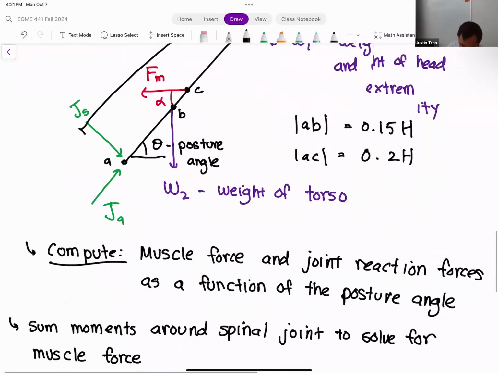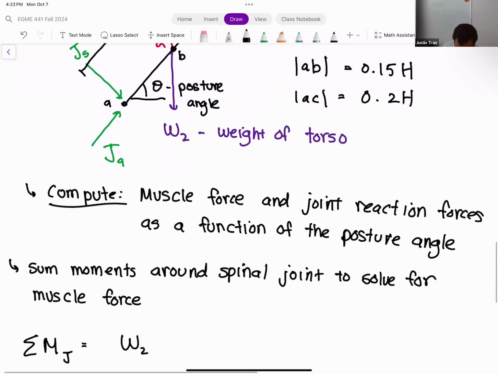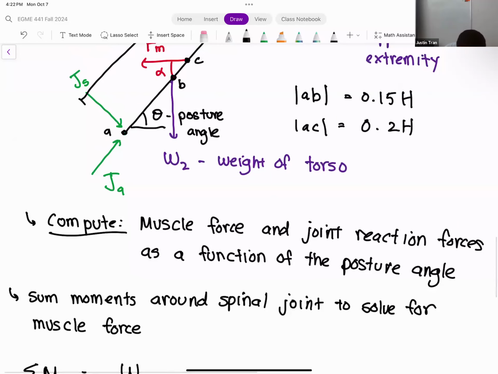And so let's start with W2. Okay, so since W2 is a weight force, it always acts vertically. And so the moment arm between W2 and the spine is going to be the horizontal distance between where W2 is acting and the spine, okay? And so the horizontal distance we can see here, right?